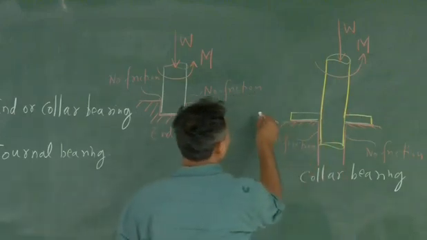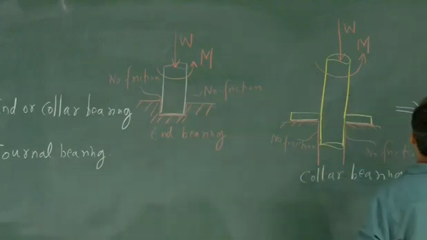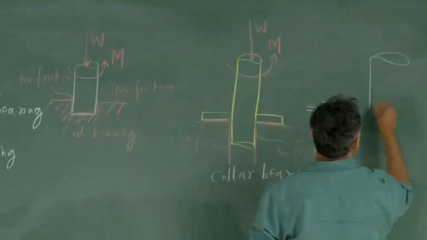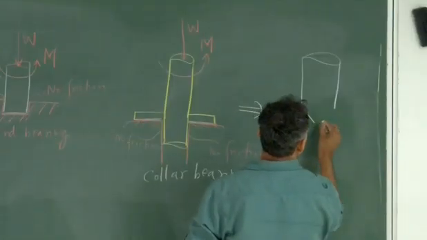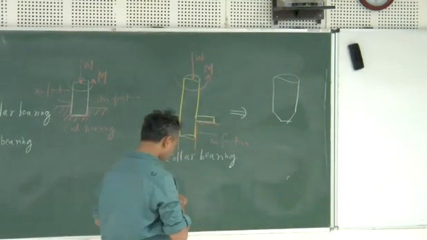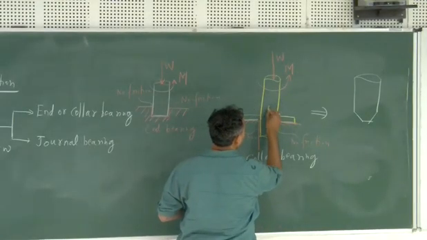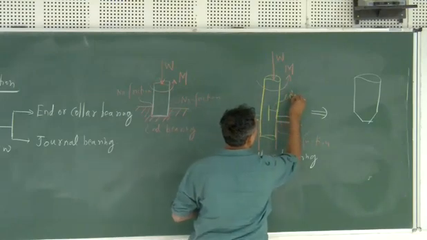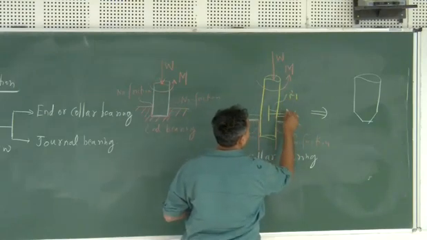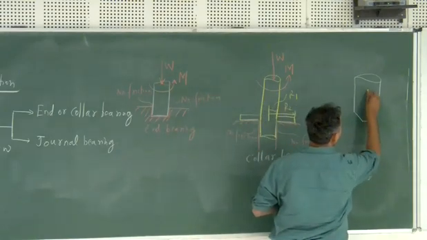If you try to get the middle type of inclined kind of bearing, this is what really happens. Here you can take the radius as R1, this is R2, and in the same way here you can assume.